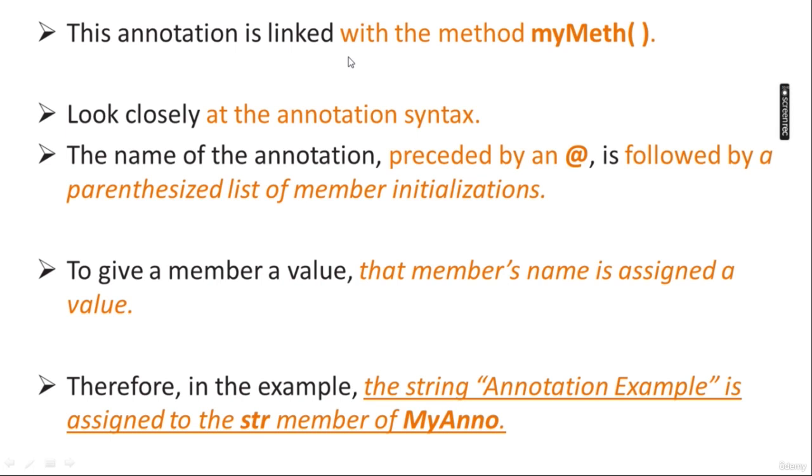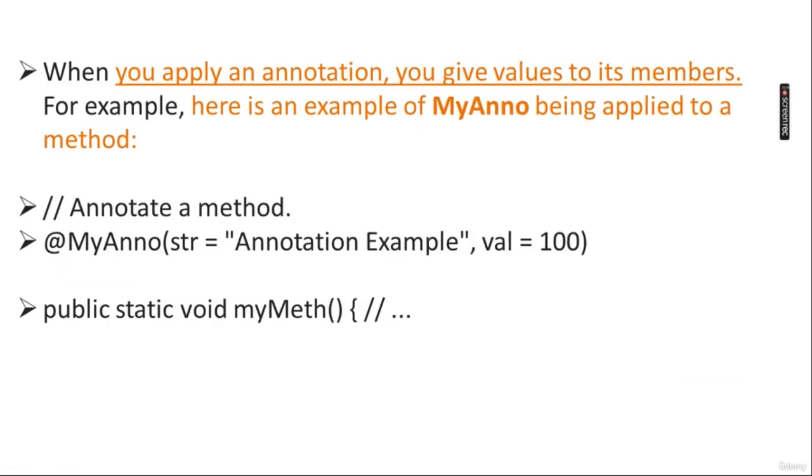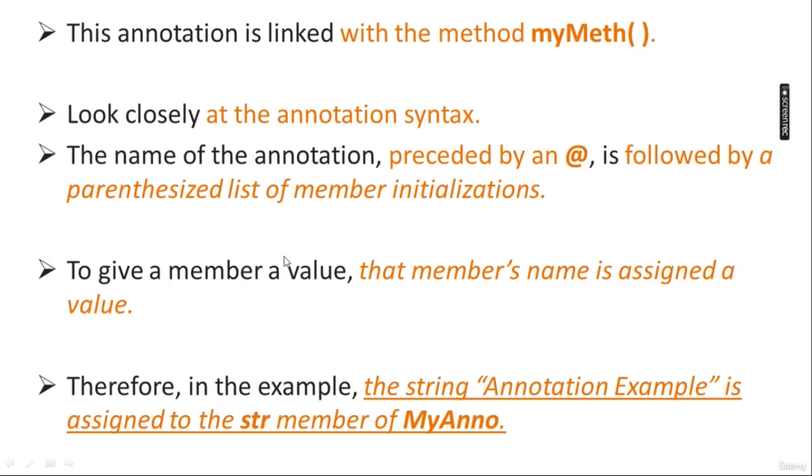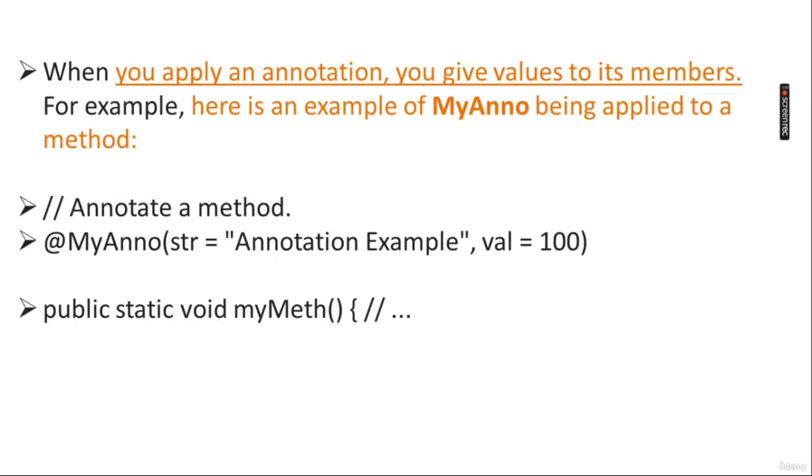Look closely at the syntax. The name of the annotation is preceded by @, which is compulsory. It is followed by a parenthesized list of member initializations. Whatever members are there, those are initialized within the annotation. To give a member a value, that member's name is assigned a value by using the equal to operator.